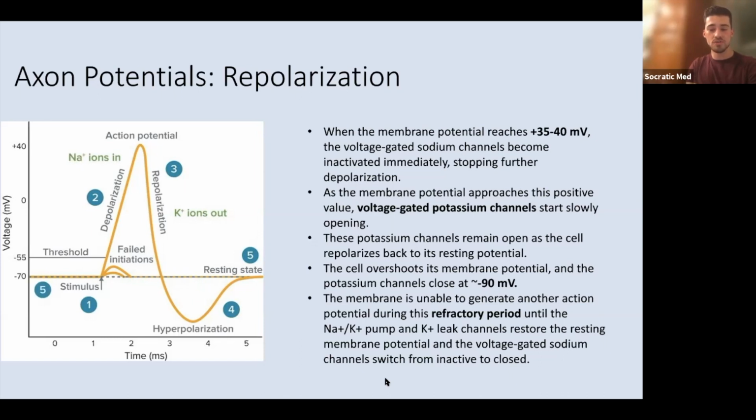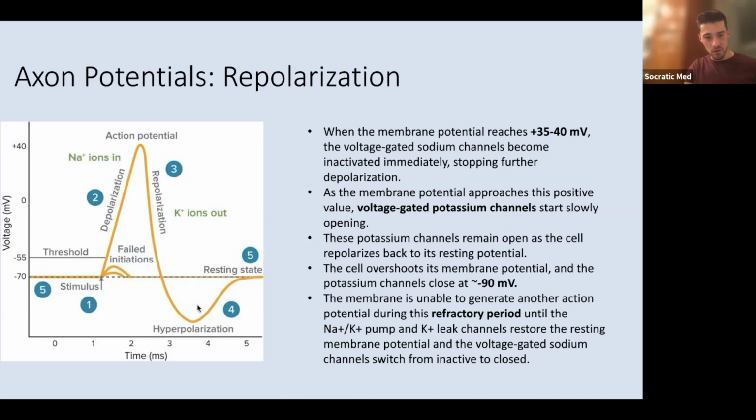When they are closed, nothing is flowing through, but they are ready to open. So the difference between inactive and closed is that when a voltage-gated ion channel is inactive, it is impossible to open it until it switches back to the closed phase. So this is why action potentials have refractory periods. When that voltage-gated sodium channel closes right at the top of the action potential, it is inactive for the entire downstroke and for a little bit of this overshoot while it's repolarizing back to the resting state.